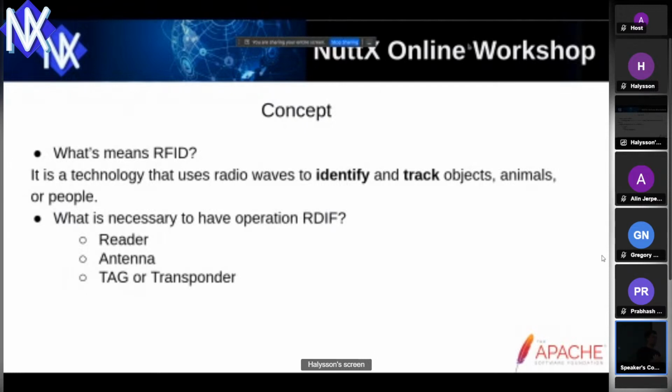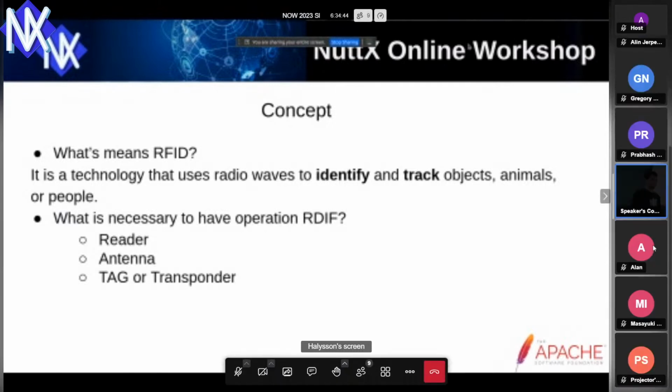The antenna basically receives the signal, it produces and receives the magnetic field. And the tag, I will show it also. What is this tag? Basically a tag can be anything. It can be a card, or it can be a key, for example.